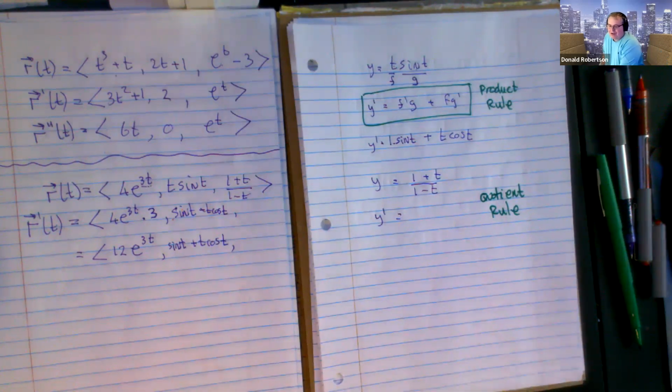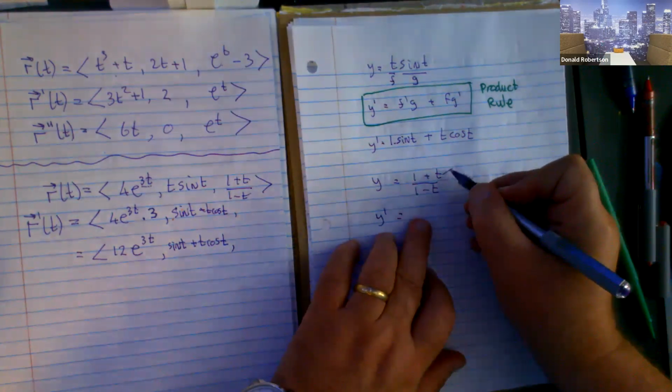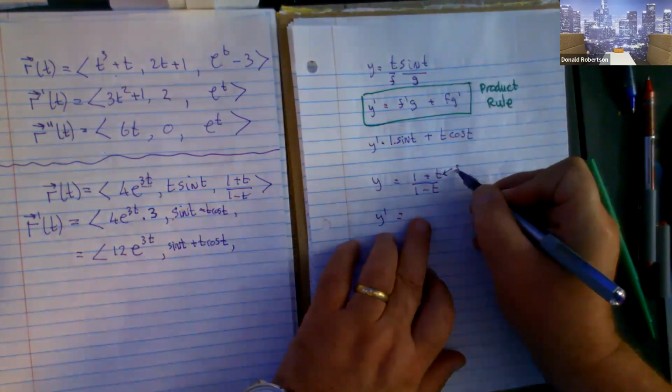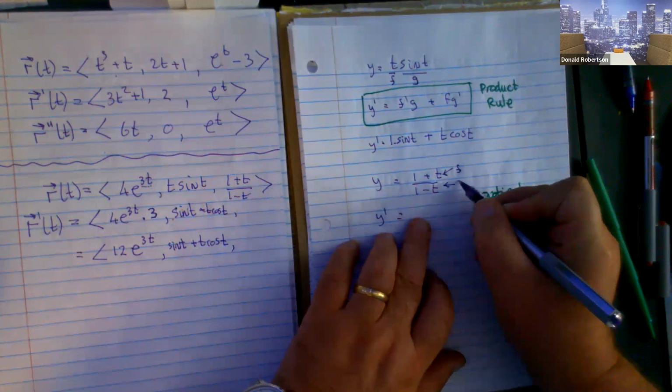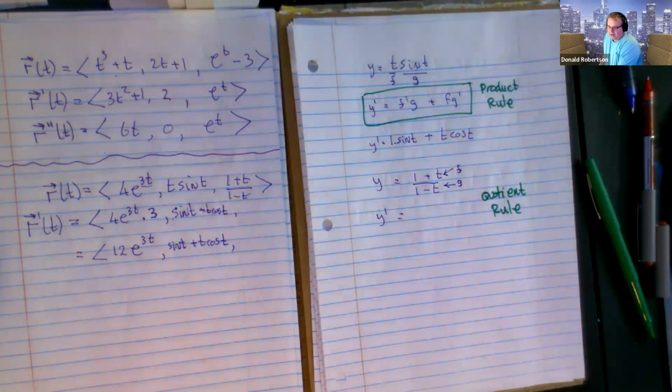Does anybody remember the formula using f and g? When you do a quotient rule, you always call the top guy f and you always call the bottom expression g. Can anybody remember the formula for the quotient rule using f and g?